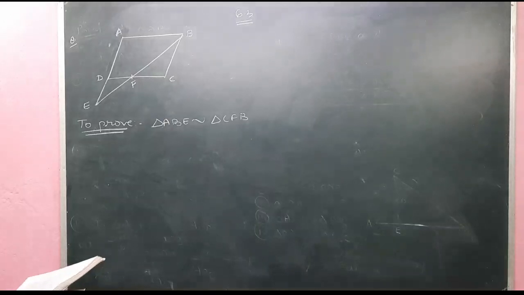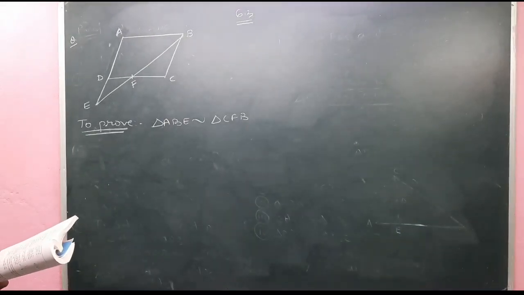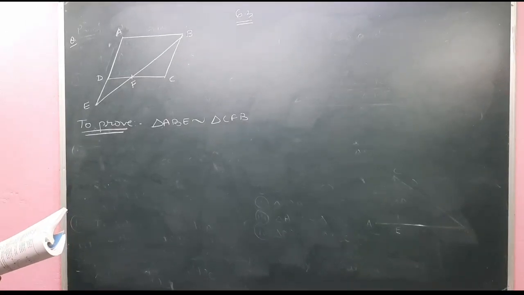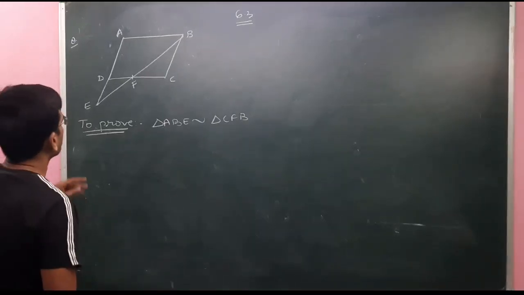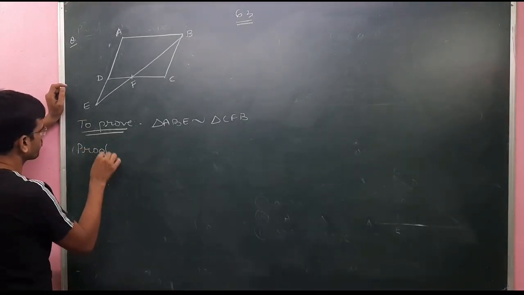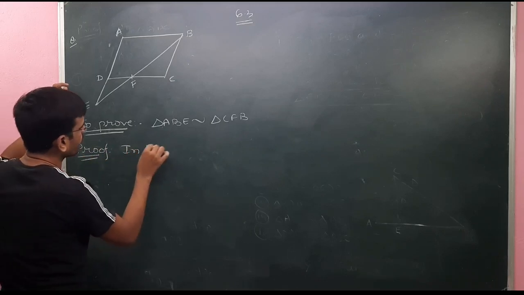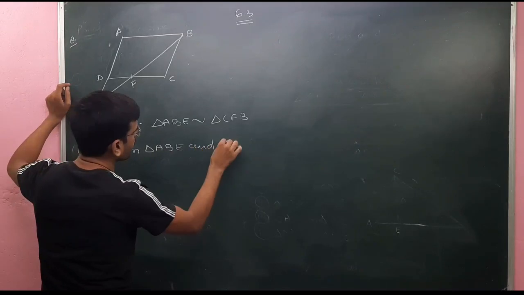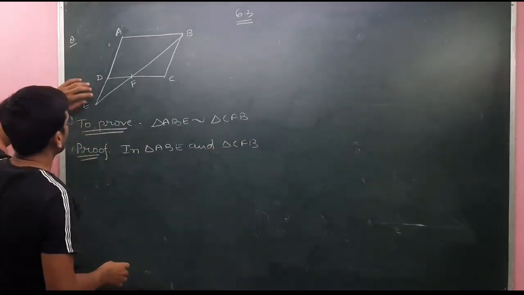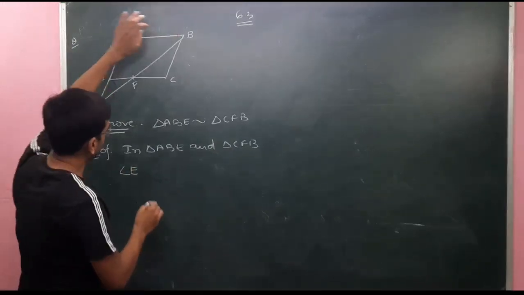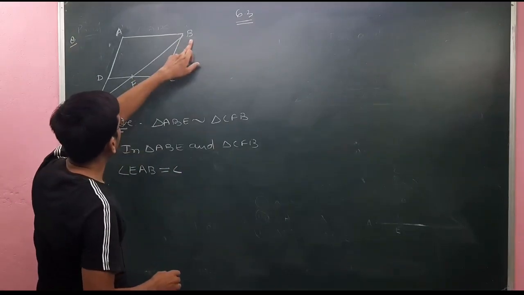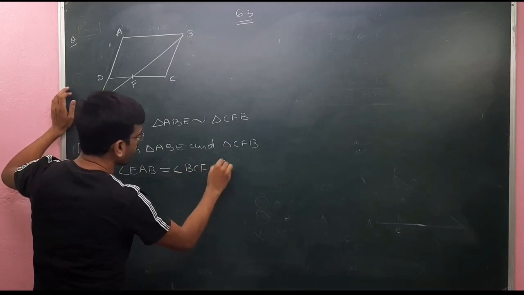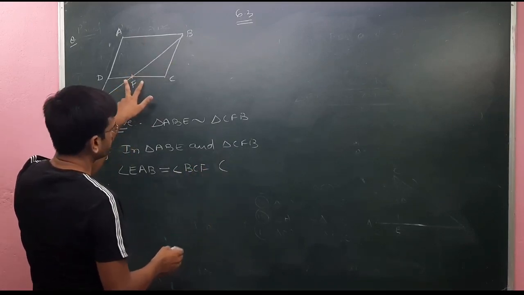Now see the proof of this question. In triangle ABE and triangle CFB, angle EAB is equal to angle BCF, as AB is parallel to CD.